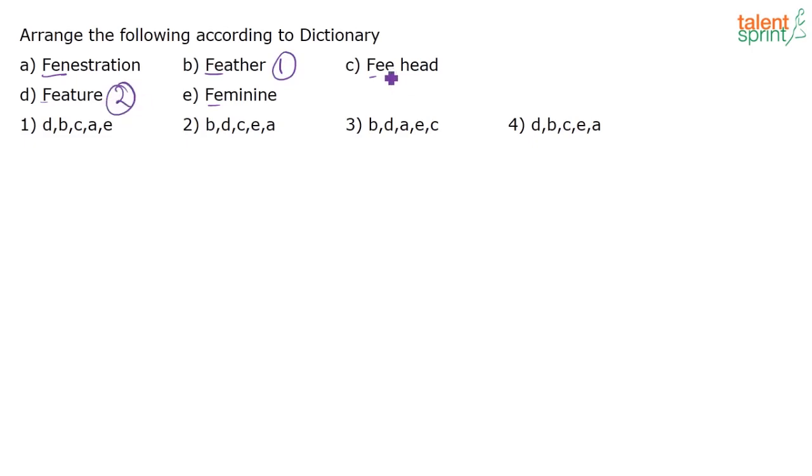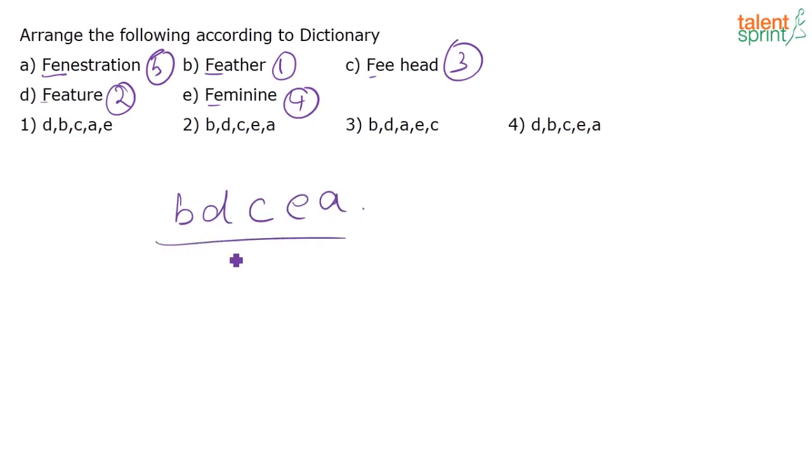Then the word which has F-E-E, the third letter is E. So this is the third, this will be fourth and this is going to be the fifth. So the order is going to be B, D, C, E, A. B, D, C, E, A is option 2.